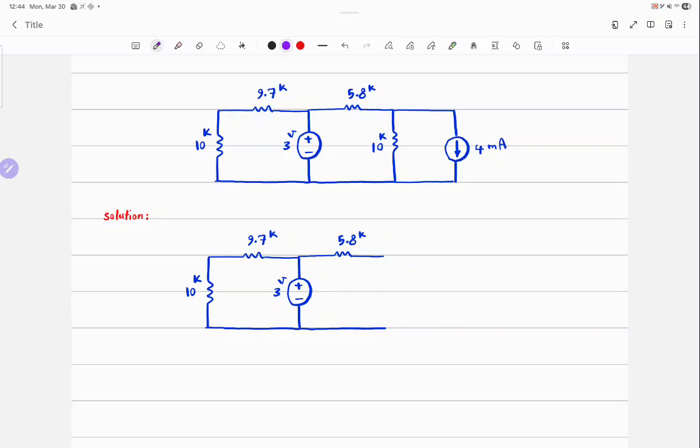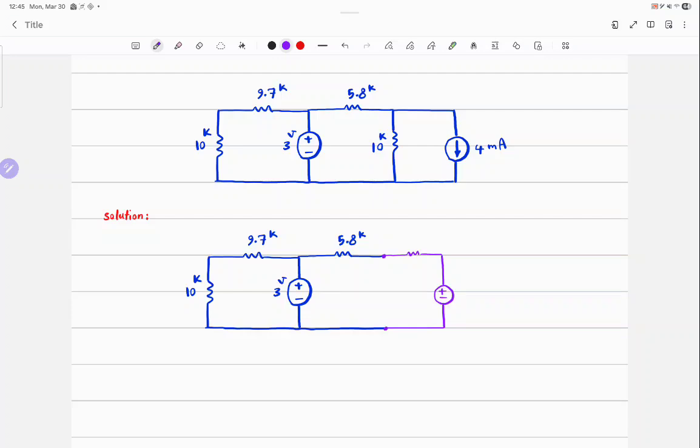What should I put instead of that? First, find the terminals, and instead of drawing something in parallel with these terminals using the current source, use a voltage source and a resistor in series. What's the value of the resistor?